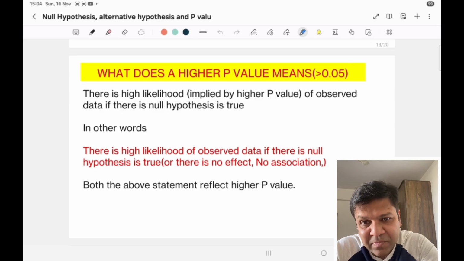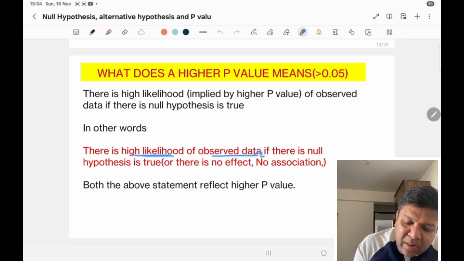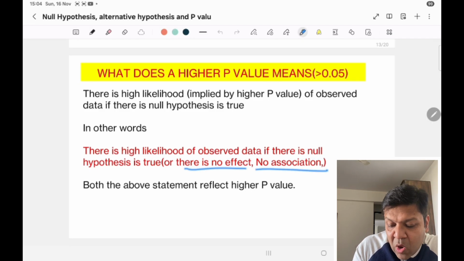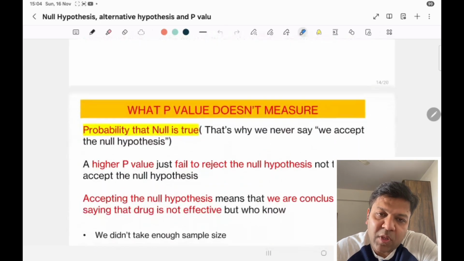In other words, our data is not statistically significant, because high compatibility with the null hypothesis means high compatibility with no effect. So researchers fail, the p-value wins. There is a high likelihood of the observed data if the null hypothesis is true, or there is no effect or no association. So this is what the p-value measures.